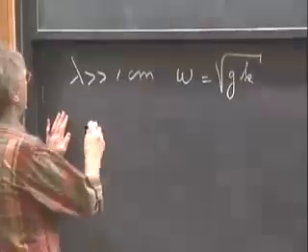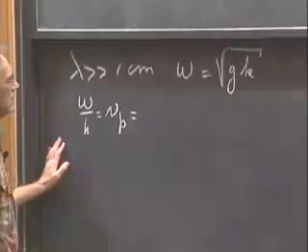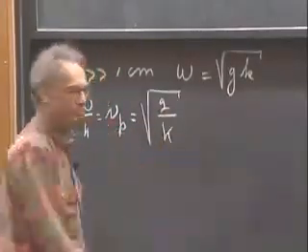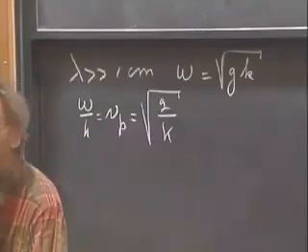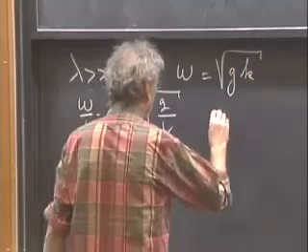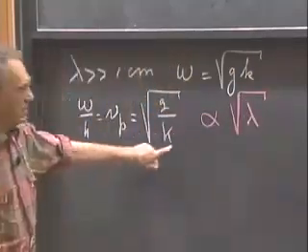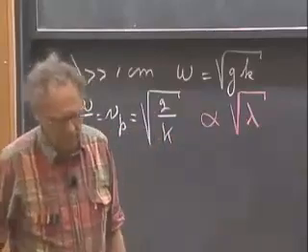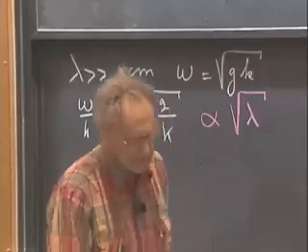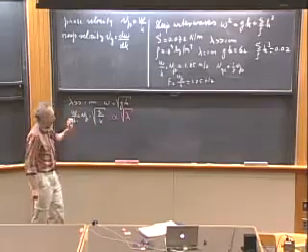And so omega divided by k, which is the phase velocity, is therefore the square root of g divided by k. Do we agree? And notice that this is therefore proportional to the square root of the wavelength, because 1 over k is proportional to lambda. So what it means is that the larger the wavelength, the higher the phase velocity. If lambda is larger, k is smaller, and the phase velocity is higher.